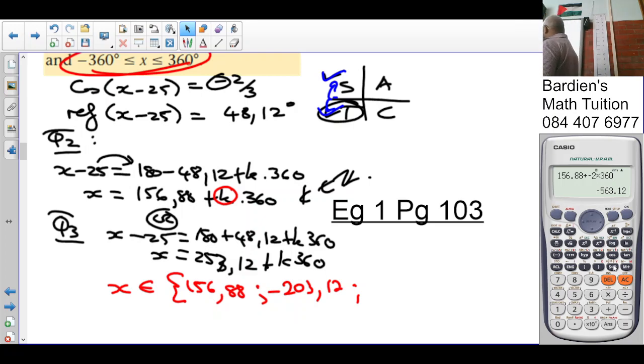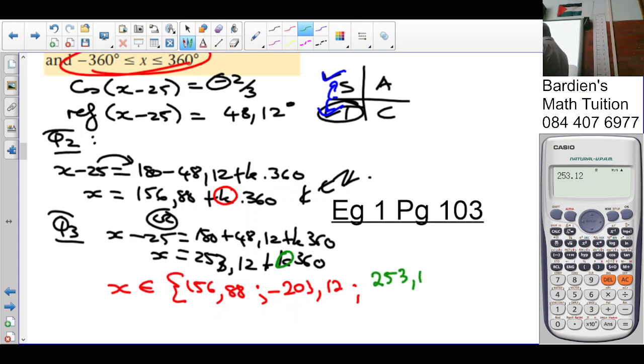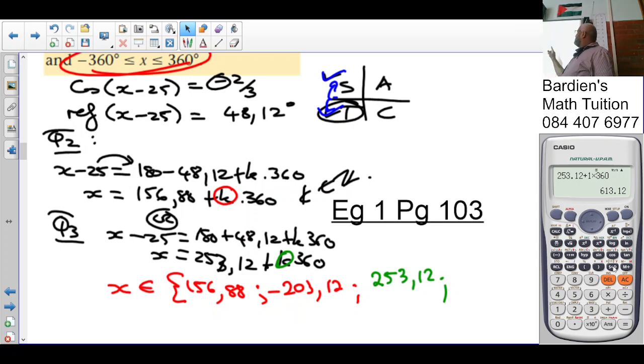Then on the other branch, we depleted that branch, we go to the next one, 253,12. If we put 0 through there, I get 253,12, which is definitely inside. What's going to happen if I put 1 in there for k? It's going to be outside the given restriction. So I put −1.